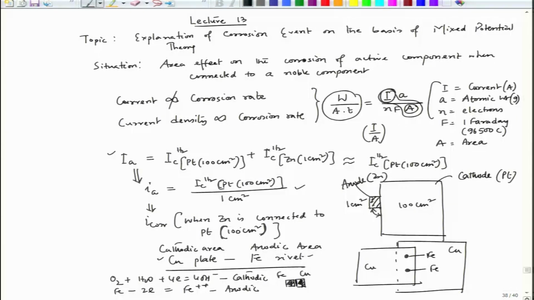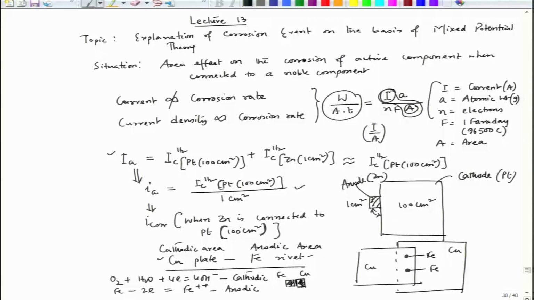So, this is the situation we experience when the active component has less area and the noble component has higher area in a galvanic couple, and that is practically a very dangerous structure design.